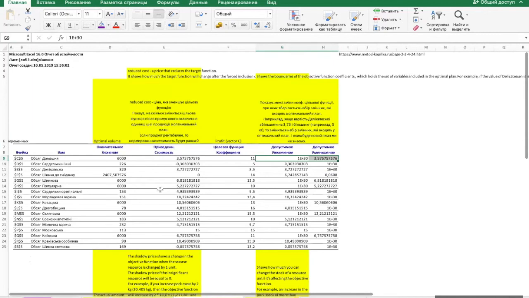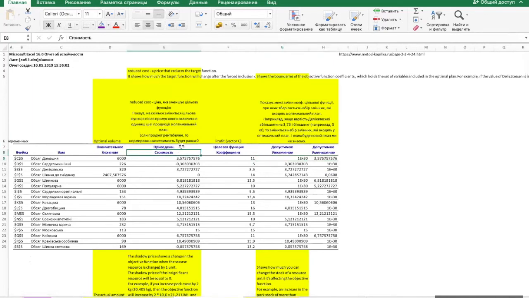Then we have this column with reduced cost. So what is reduced cost? It is the price by which we can reduce our target function or objective function.